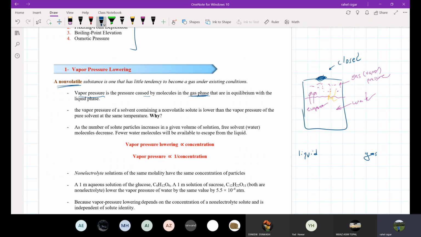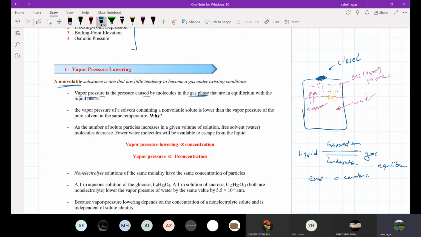And what is the process between them? From liquid to gas, it is evaporation. But from gas to liquid, condensation. These two processes, evaporation and condensation, will reach equilibrium. They will be equal to each other.